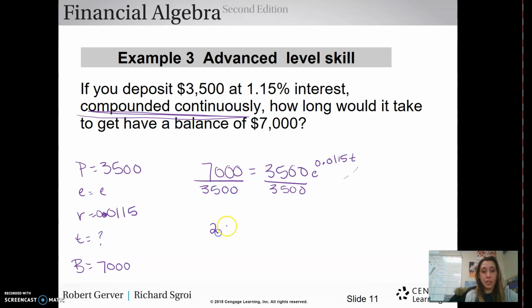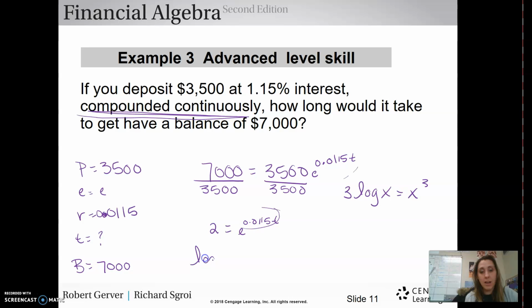And we get 2 is equal to e to the 0.0115 times t. Now we can use those basic log rules because we're solving for an exponent. And remember, we said that 3 log of x is equal to log of x to the third power.